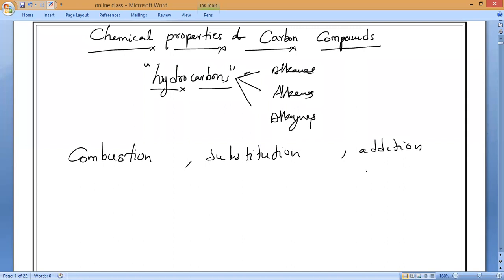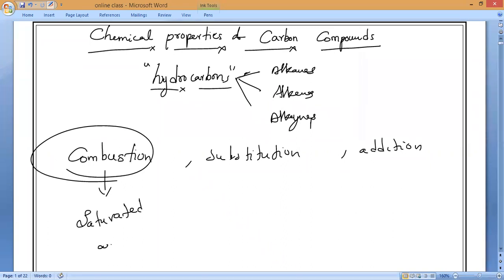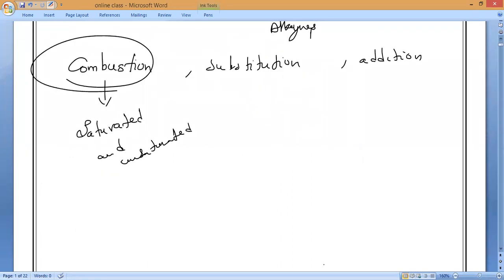Now notice, the combustion reaction is observed in all types of hydrocarbons, both saturated and unsaturated. All the hydrocarbons, saturated as well as unsaturated, show this combustion reaction.